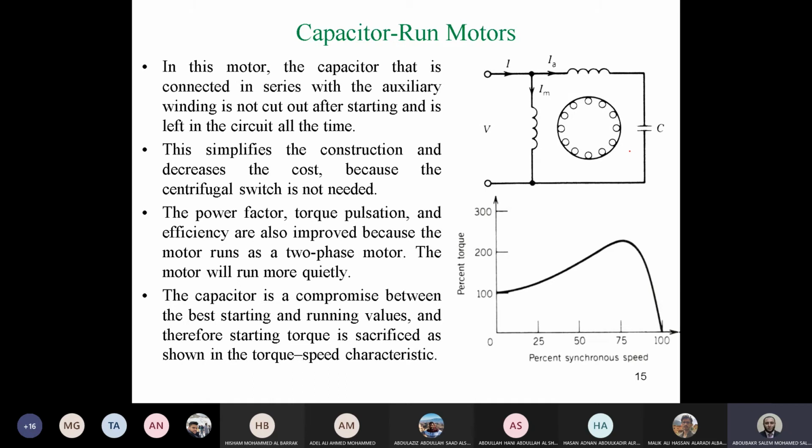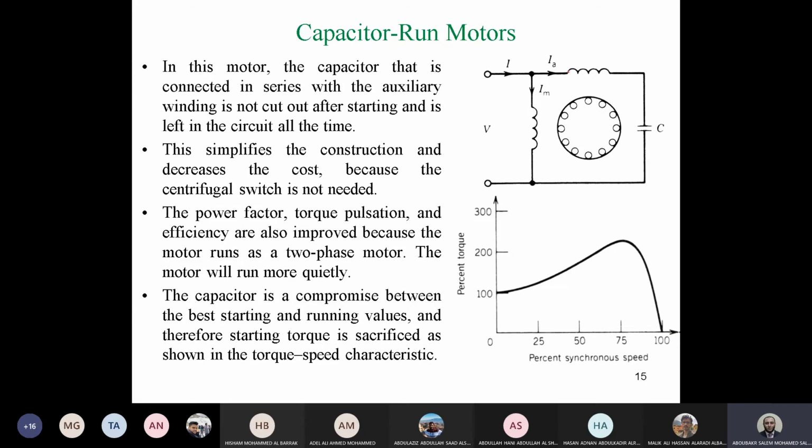So this technique is called capacitor run, and in order to keep the coil in the circuit all the time, you have to decrease a bit the value of resistance in order to continue operation without burning the coil itself. So the R to L ratio here has to be decreased in order to carry higher current.